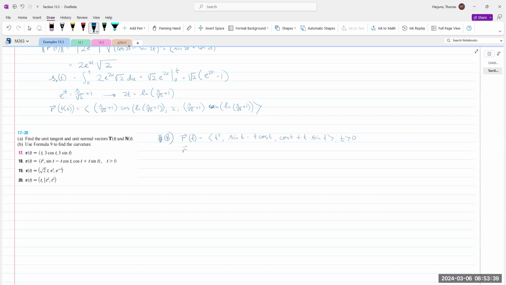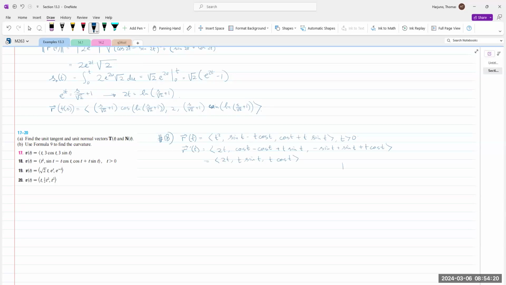So r prime of t will be 2t, cosine t minus cosine t plus t sine t, and then negative sine t plus sine t plus t cosine t, which simplifies to 2t, t sine t, and t cosine t.